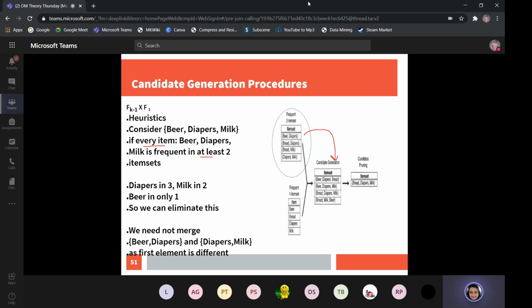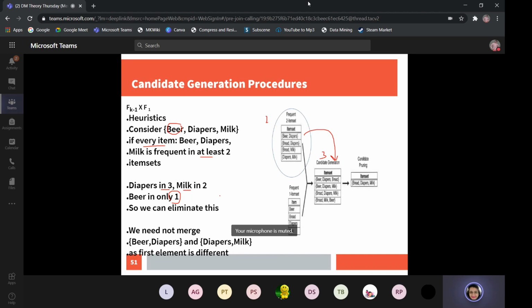But the third element, beer, we are saying every item has to be there in k minus 1 in the previous level. Here it is 3, so k minus 1 is 2; it should have been in at least 2, but it is not in 2, only in 1, so you can eliminate it. Is that okay?